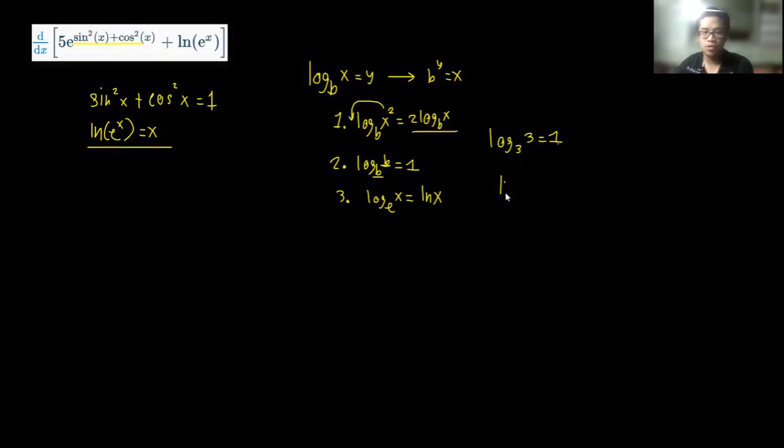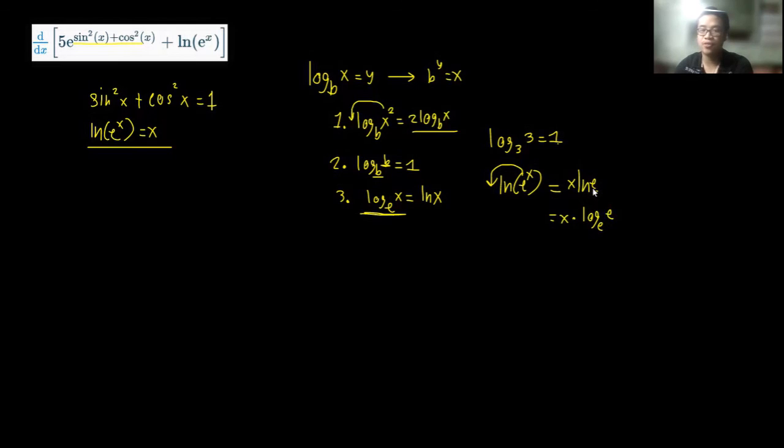So ln of e raised to x. Since x is your exponent, I'll bring it down here. So I'll have x times ln of e, based on the definition of the power rule, one of the laws of logarithms. Number 2, you have ln of e. Your e is the argument. So I can rewrite this in logarithmic form. So this is x times log base e of e.